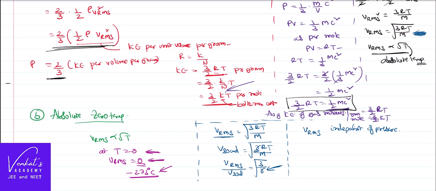If you remember the equation we got, VRMS in terms of pressure, you got a density also on the other side. So when pressure increases, density equal to mass by volume, volume decreases and density increases. And their ratio always remains constant. Therefore, pressure cannot impact the RMS velocity. Rather, absolute temperature can definitely impact the RMS velocity of a gas molecule.